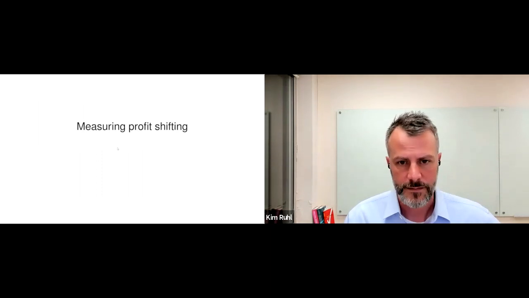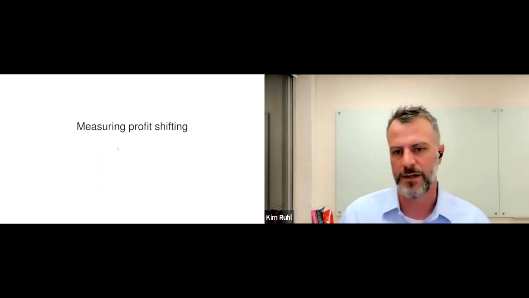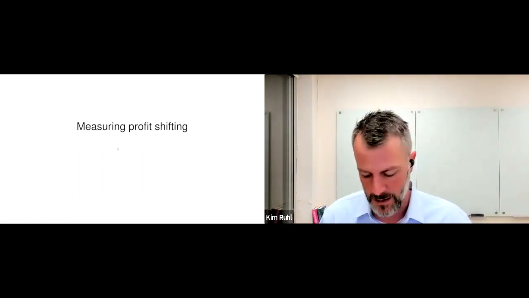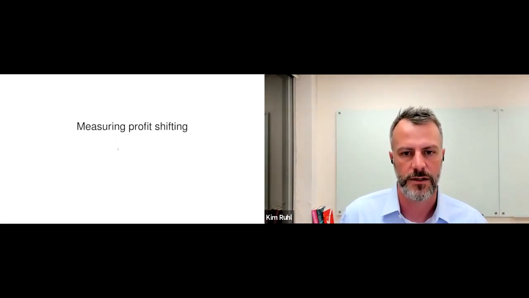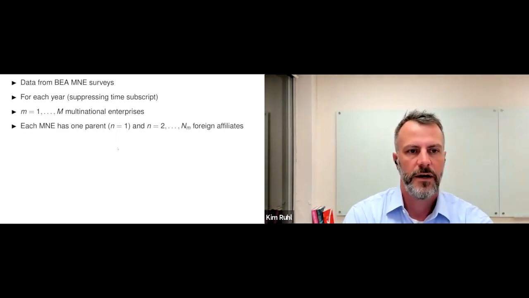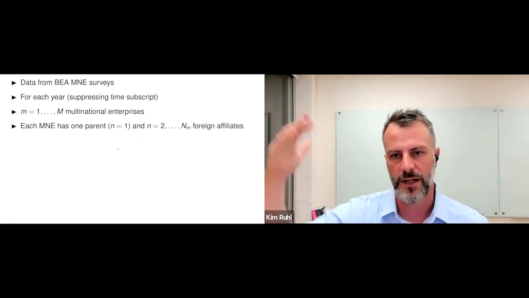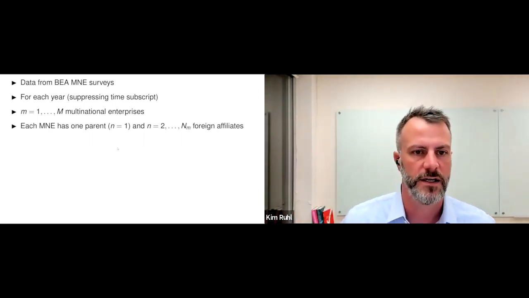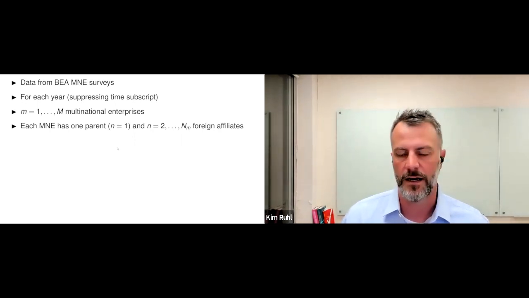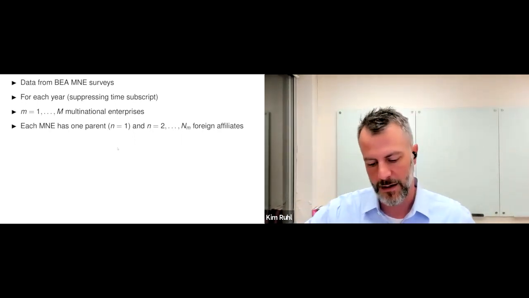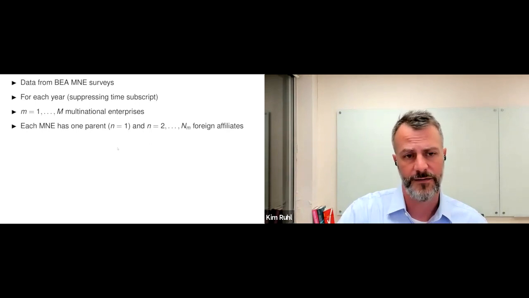Okay, so let me jump into what we're going to do, and then I'll get to the measurement implications. So the data from the BEA surveys, which are mandatory surveys relative to some cutoff on firm size, we collect data on both the U.S. multinational parent and their affiliates abroad.